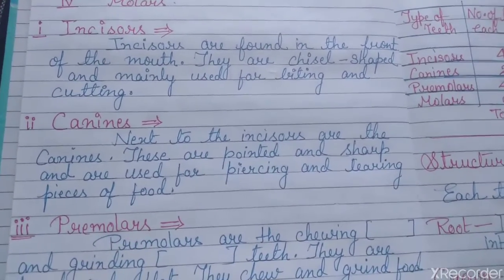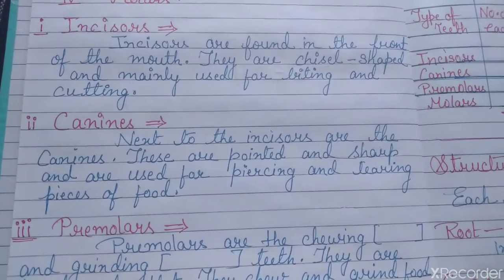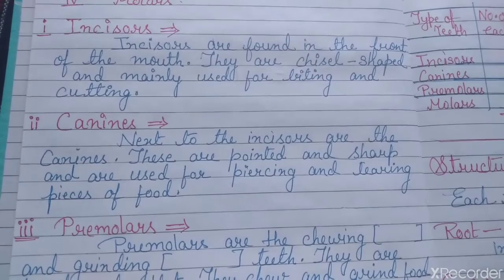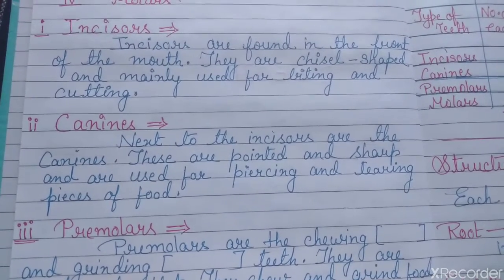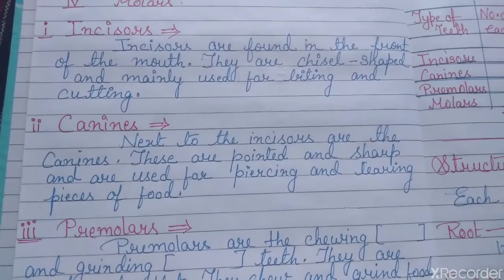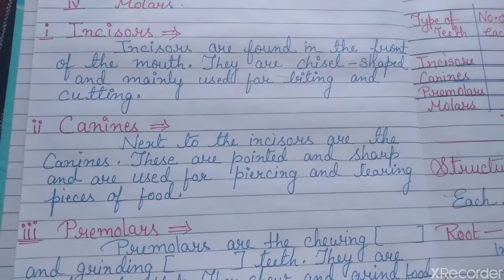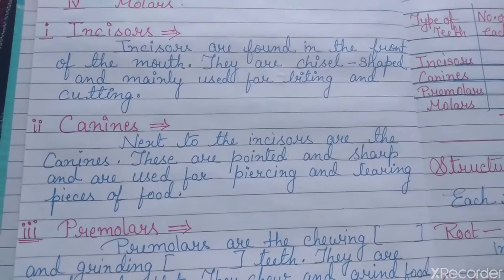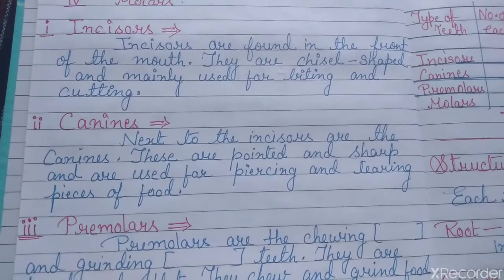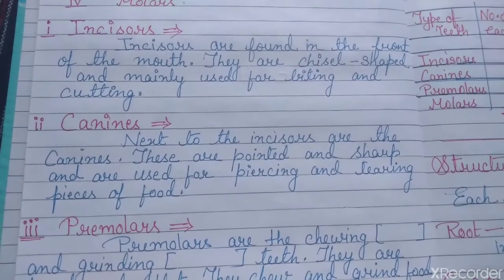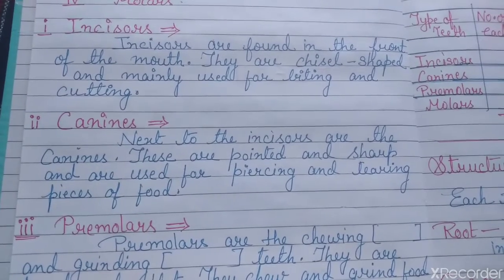Next to the incisors are the canines. Just after the incisors, we see the next type of teeth that we call canines. These are pointed and sharp and are used for pressing and tearing pieces of food. All this process takes place in the mouth only, as we have studied earlier.